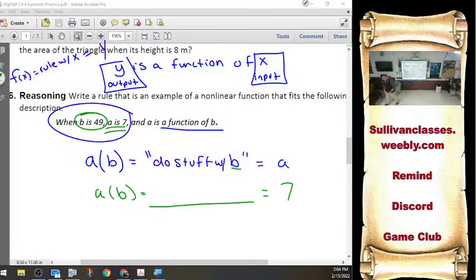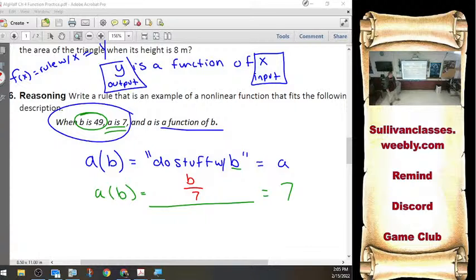So can you think of a rule that I shove a 49 in and it spits out a 7? 49 divided by 7, right? So B divided by 7 is one of the rules I could have chosen, because I would throw in a 49, it would spit out a 7.